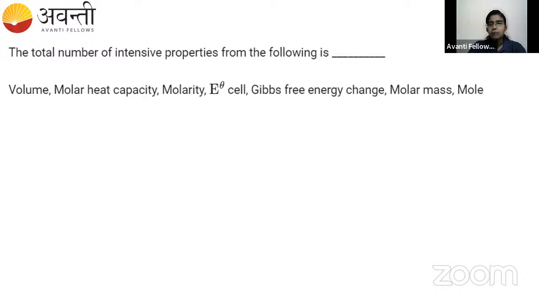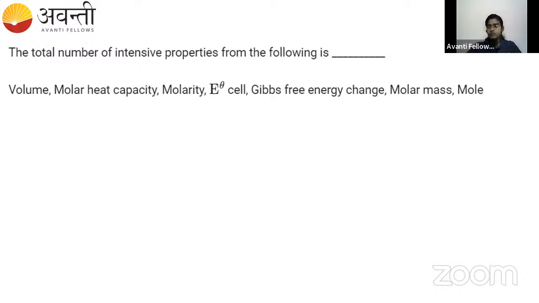The total number of intensive properties from the following is. So what are intensive properties? The properties which do not change on changing the size of the system. Right.